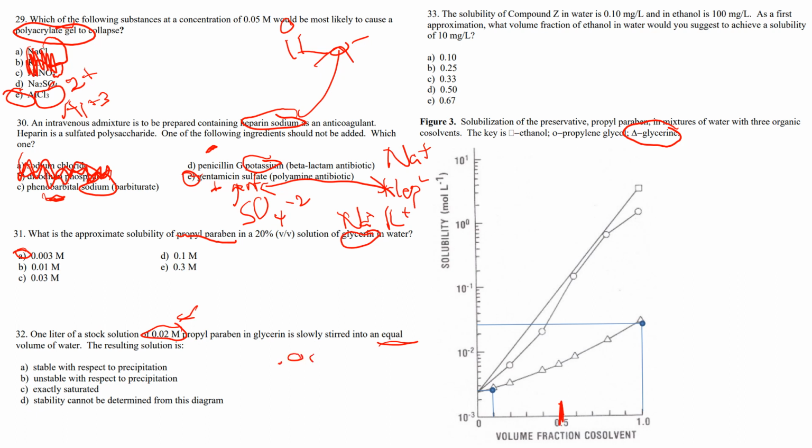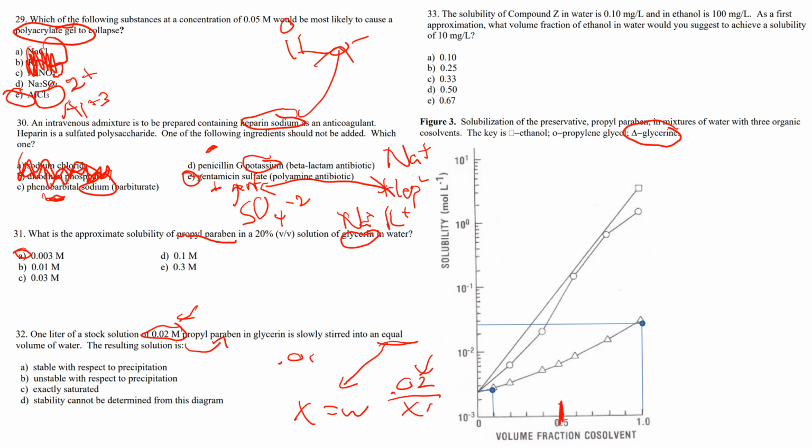The reason we do this is because if you think about it, we have this amount dissolved into glycerin, and we'll just call that X. But if we have another amount stirred into water, we'll just call that volume of water W. I'm not doing the best job explaining this, but I can keep going this way. So if we have a concentration of 0.02 over X, this is our 0.2 molar propylparaben and glycerin.